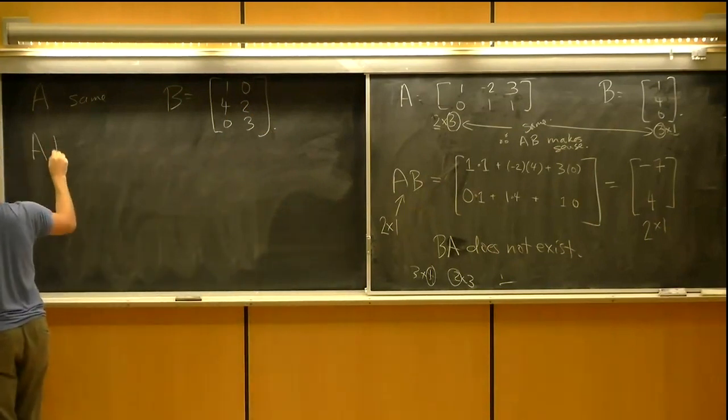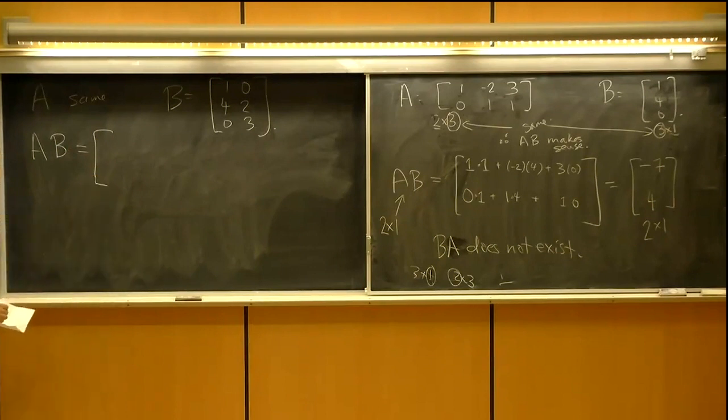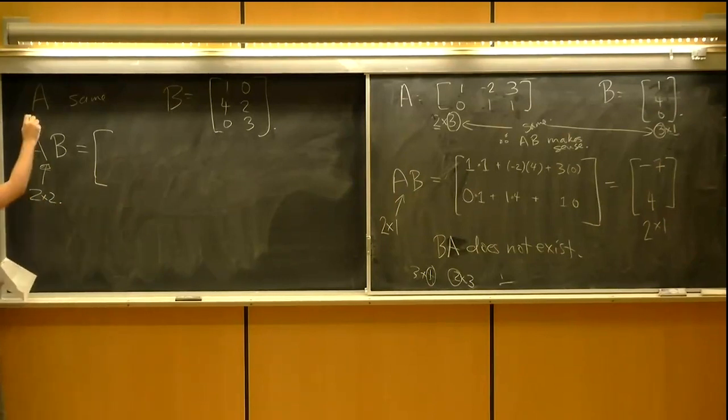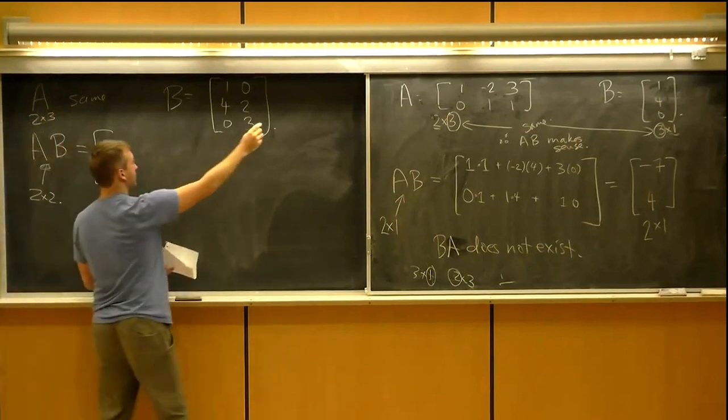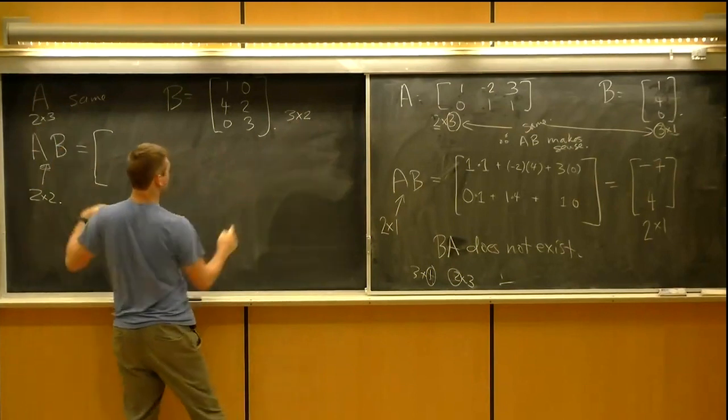So now if A is the same as before, and B is this, what's the size of the matrix A times B going to be? So something by something. Right, 2 by 2, because this one's 2 by 3, this one's 3 by 2. These numbers match, and then the remaining numbers are the size of your new matrix.